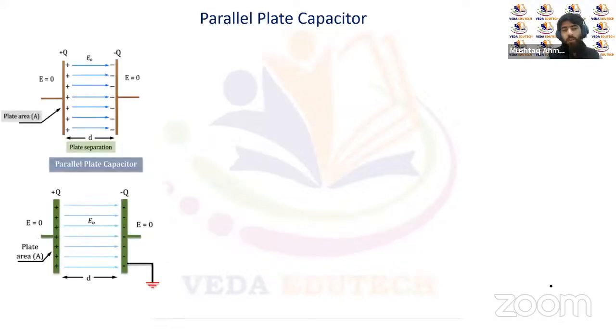Now let's discuss the parallel plate capacitors, right? These are two parallel plate capacitors. In the previous lectures, we studied the electric field strengths due to the sheets. We also found that outside the sheets, the electric field strength is equal to 0, and inside the region, the electric field E naught is equal to sigma upon epsilon naught, right?